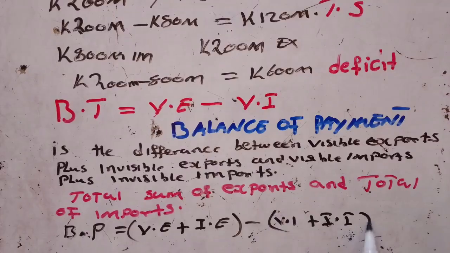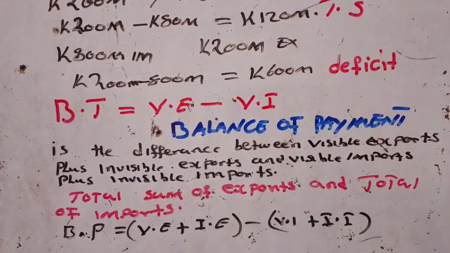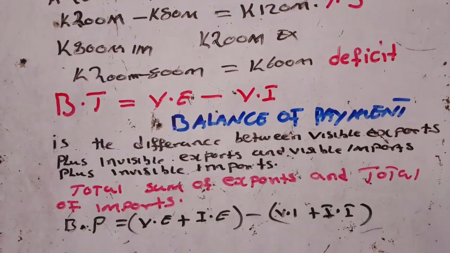In case you forget, you can remember using this formula: visible export plus invisible export minus visible imports plus invisible imports. So this is what we call balance of payment.